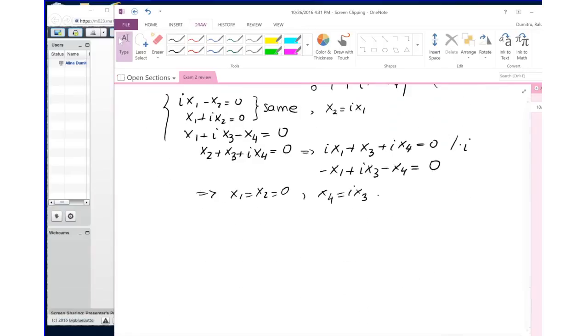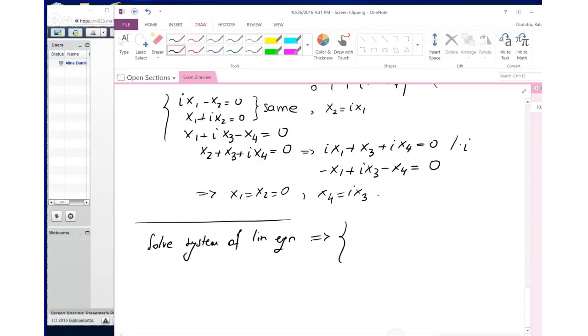Okay, so let's say that you solve some system of linear equations, and you end up with x1 equals 2x2 plus x3, and x4 equals 3x2.